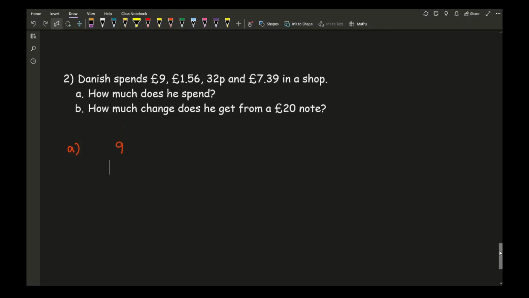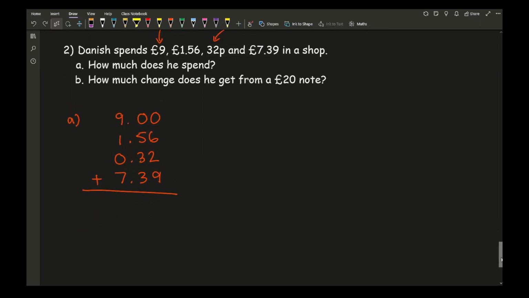So again, with £9, I'm going to recognize that that is 9.00. And for 32 pence, I'm going to make sure that I write that as 0.32. So working with this question, I've got 9.00, I've got 1.56, I've got 0.32, and 7.39. And again, what I need to do is add those numbers up.